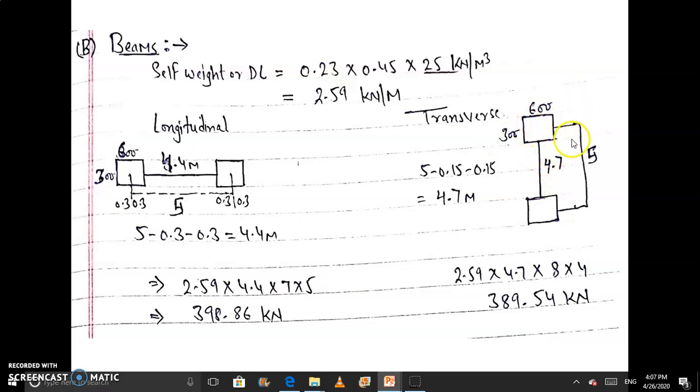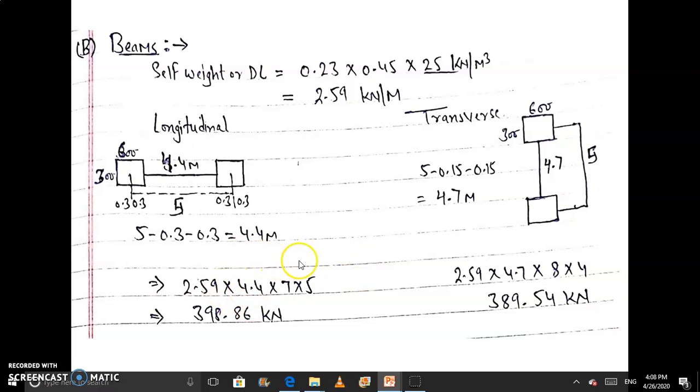This is our column and the center to center distance is 5 meter. So either deduct half of column width here, half of column width here, we get here 4.7 meter as a length of beam. So we have to multiply 2.59 and this length, we get the answer is 398.86 kilonewton and 389.54 kilonewton. So this is the value of beam dead load.